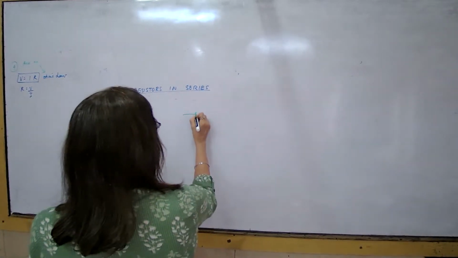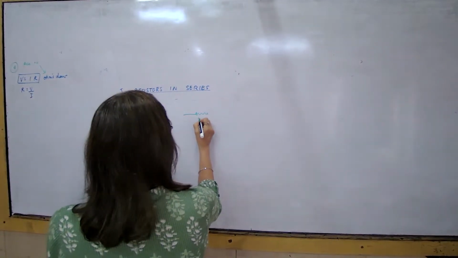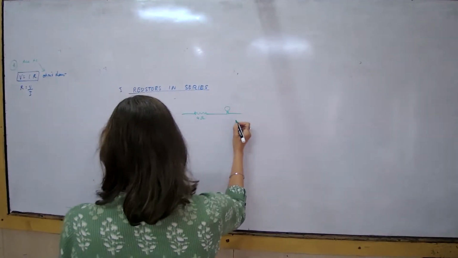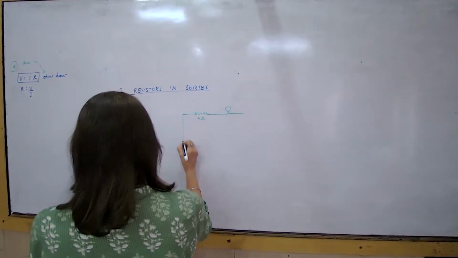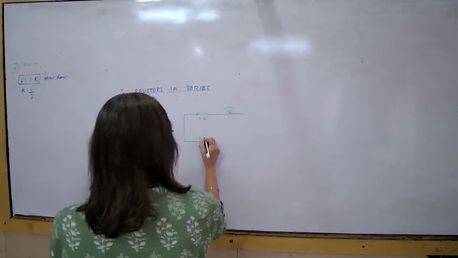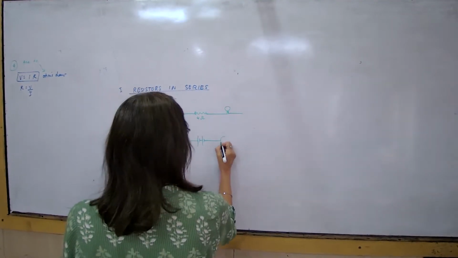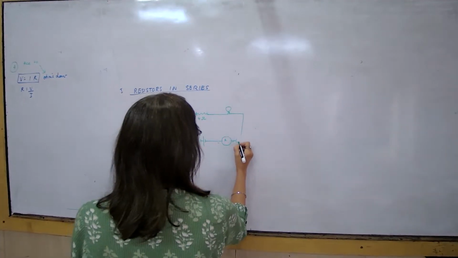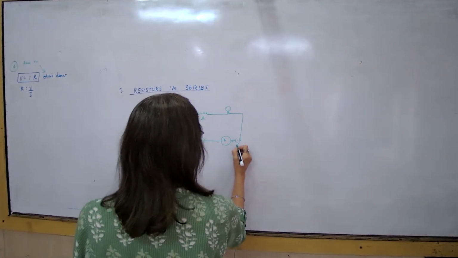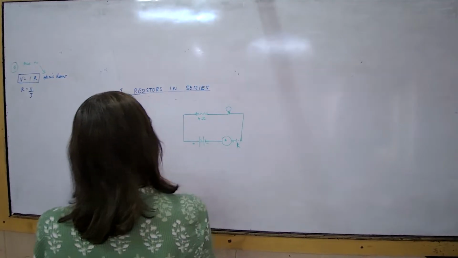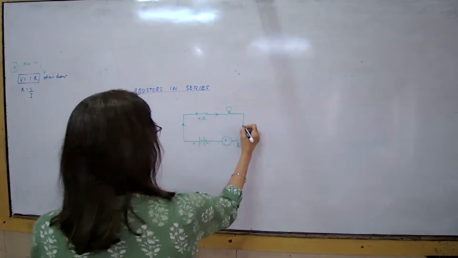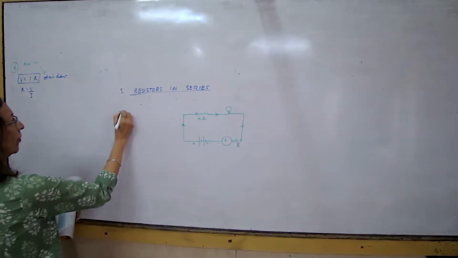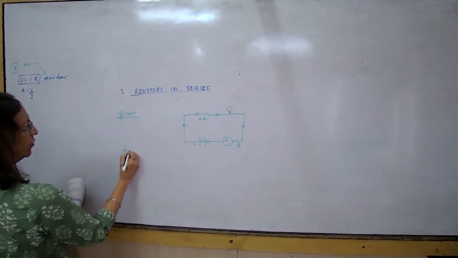So you have one resistor. They have given you it is 4 ohm, and there's also a bulb. What is given and what should we find?